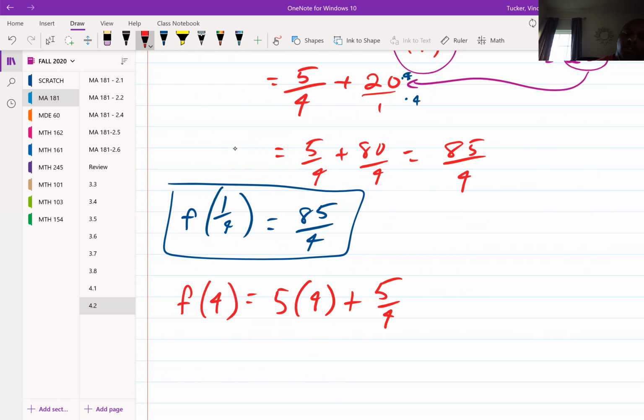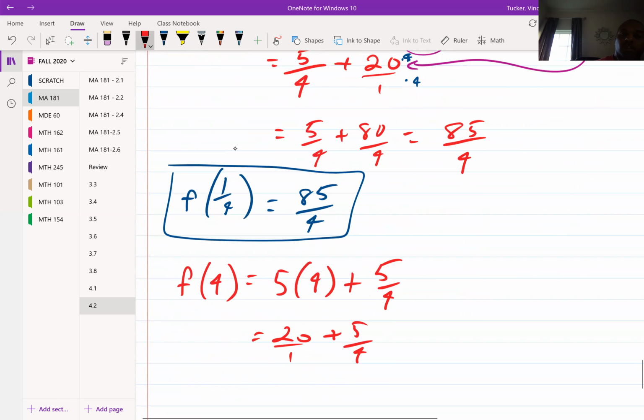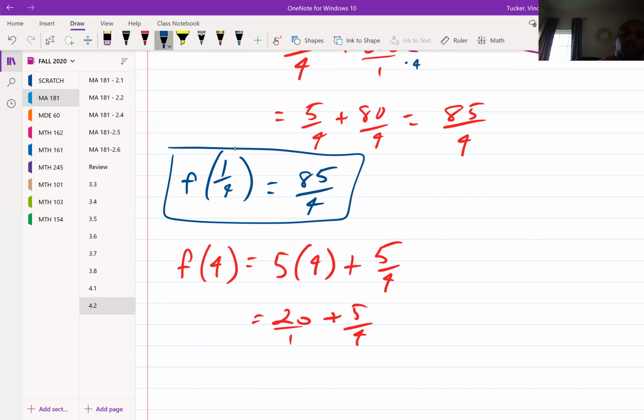So it'll be 20. Now I'll bring it down here. 20 plus 5/4. Multiply top and bottom by 4. That's 80/4 plus 5/4, 85/4.